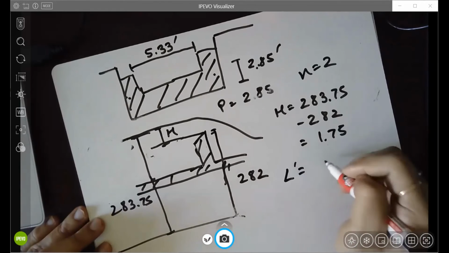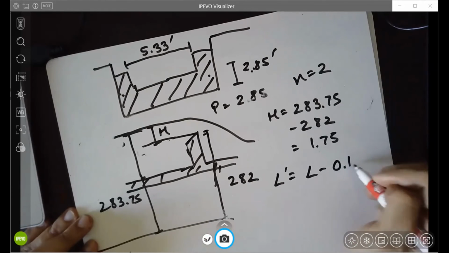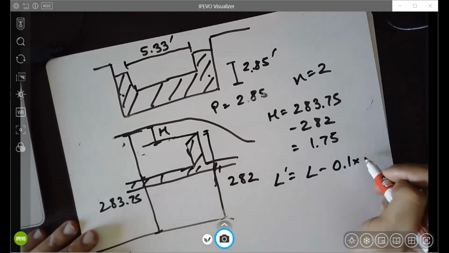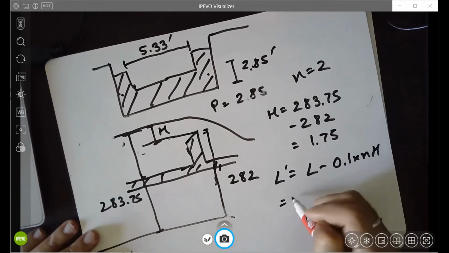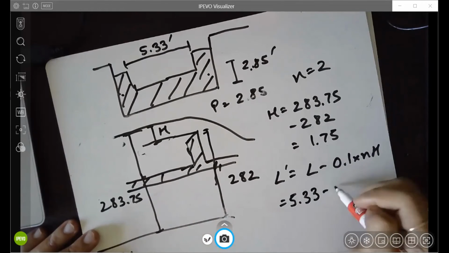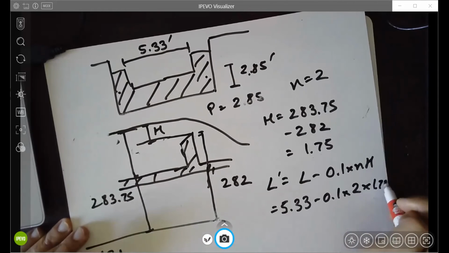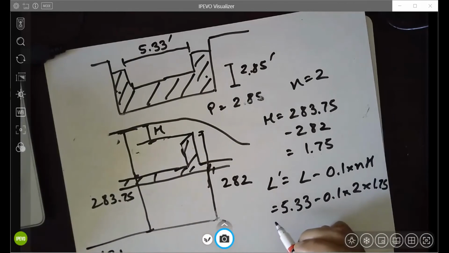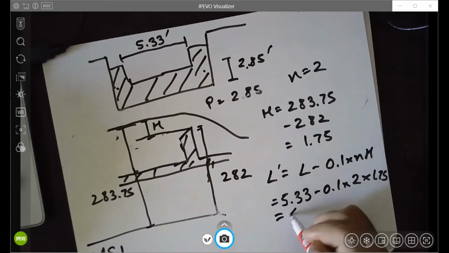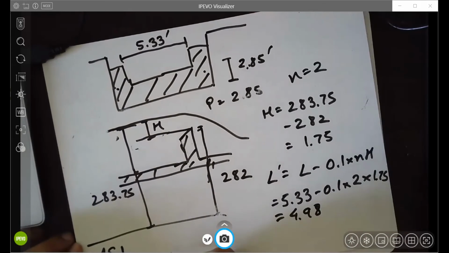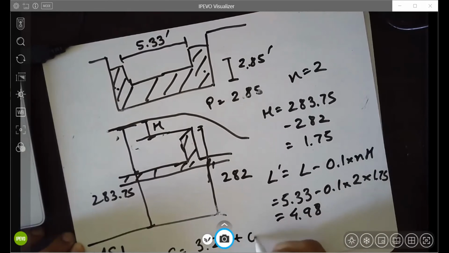So L dash is L minus 0.1 into n into H. So this is 5.33 minus 0.1 into 2 into 1.75, which is 4.98. What is C?